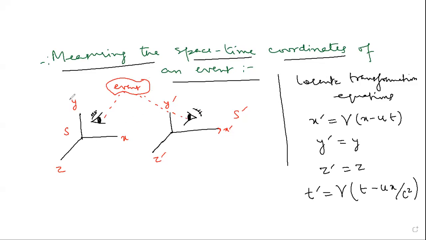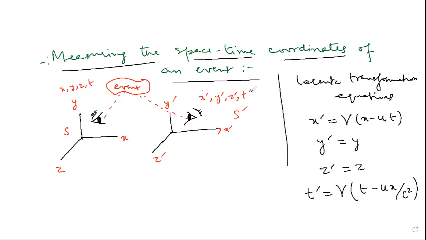Now according to observer S, the coordinates of the event are x, y, z and t. And according to observer S prime, the coordinates of the same event are x prime, y prime, z prime, and t prime, right?